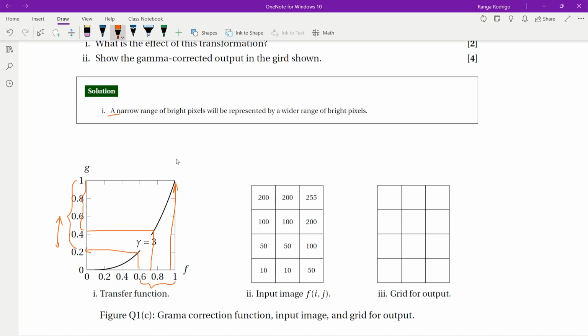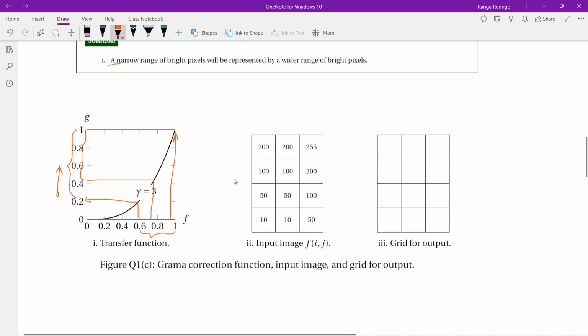Show the gamma corrected output in the grid shown. So let's do the gamma correction for this. Let's take, for example, 200. You can see our input value is 200.